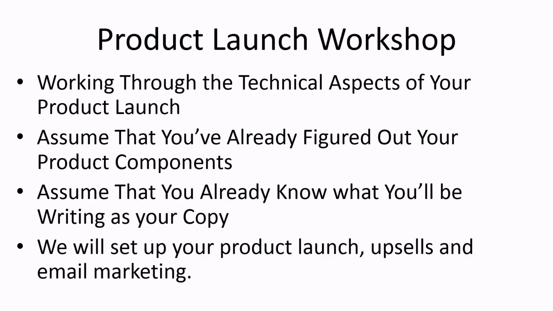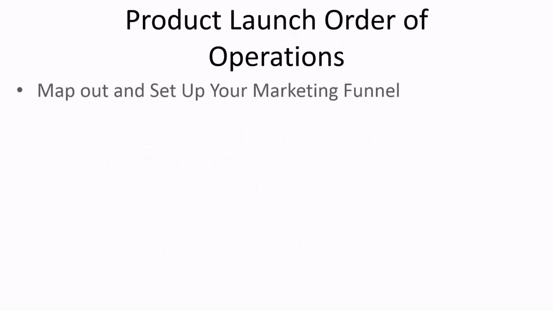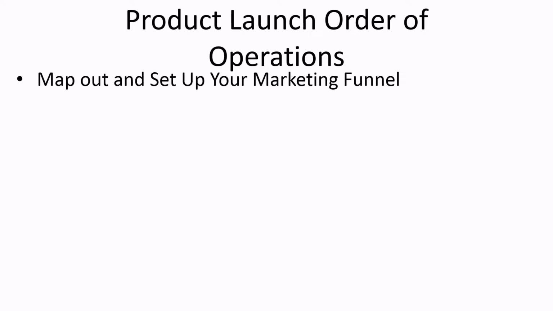So let's talk about the product launch order of operations. You want to first map out your marketing funnel even before you actually create the product, because when you map out your marketing funnel, this will actually determine how you're going to create the product. The other thing is that you will then want to outline your sales copy.